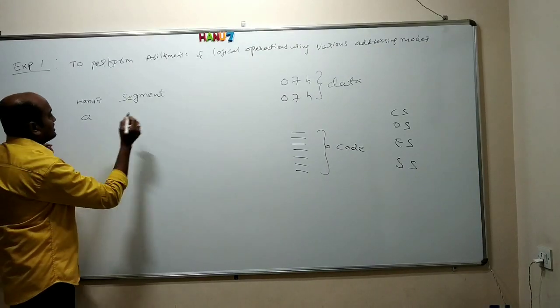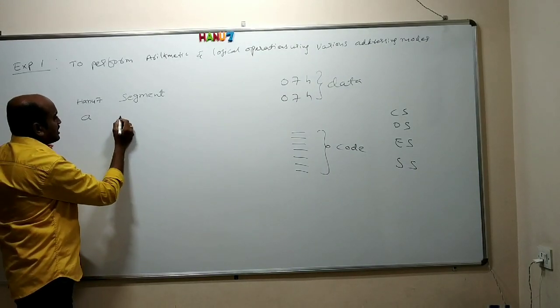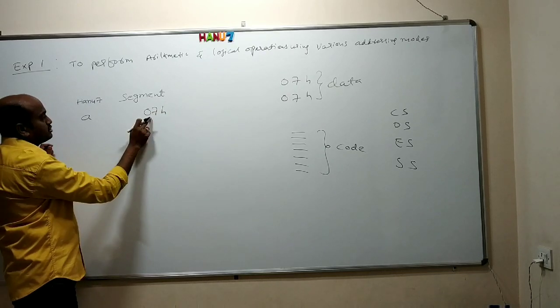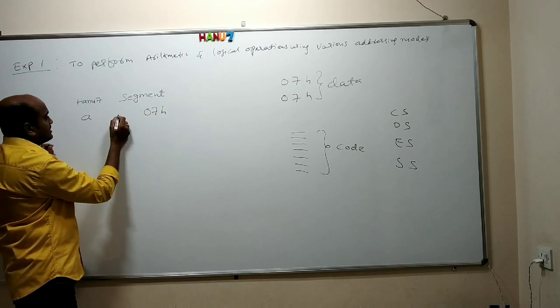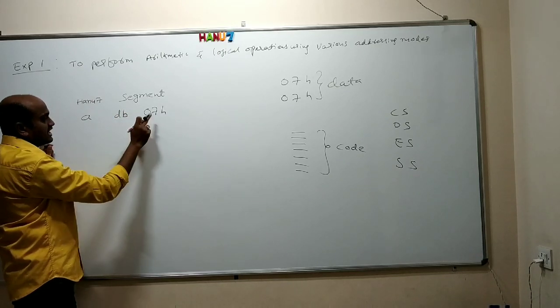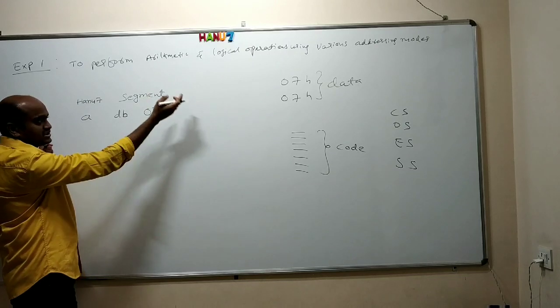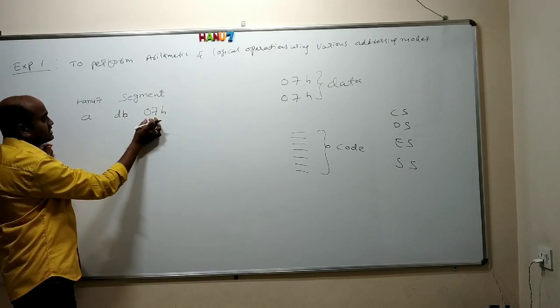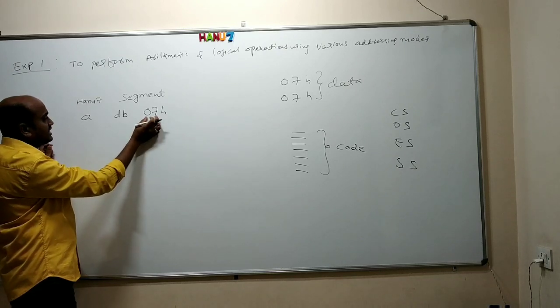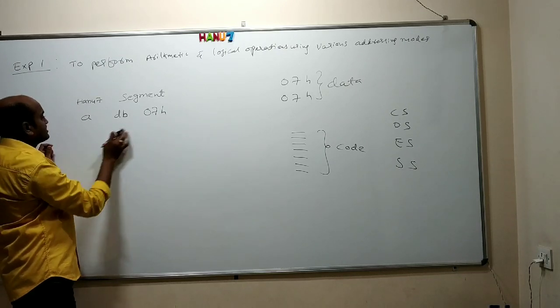In order to tell the microprocessor to allocate 8 bits of memory to store this number, I have to write another assembler directive called DB. DB tells the processor to allocate memory to store this data in the computer's memory, and this data can be accessed by the name A.